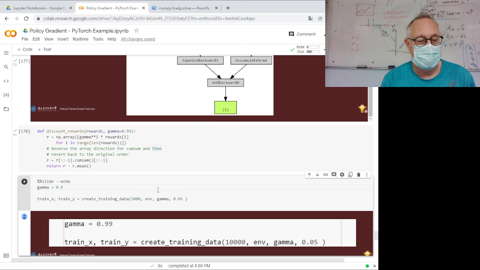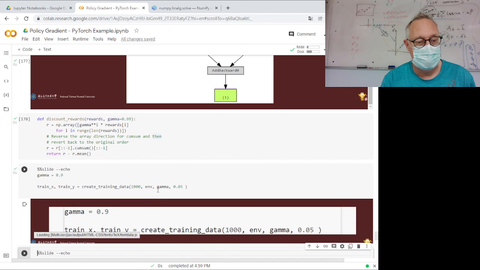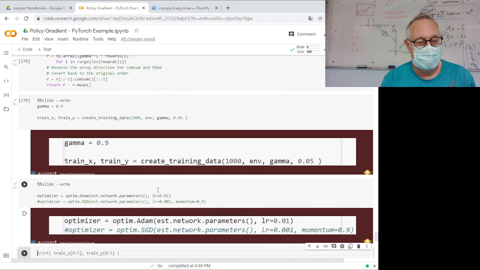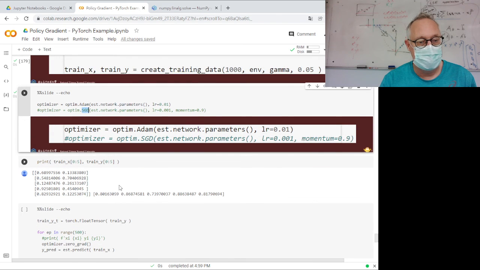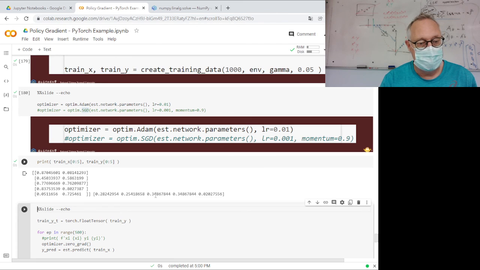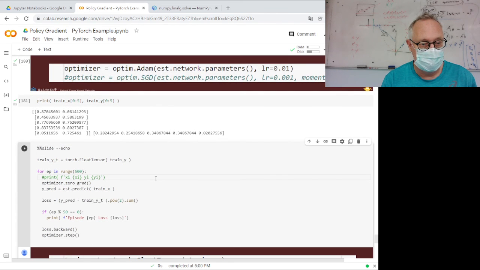So we're creating more training data here for X and Y. And the value function, I define the optimizer that I want to use. Either Adam or stochastic gradient descent are popular choices. And then we can just train our network on that.